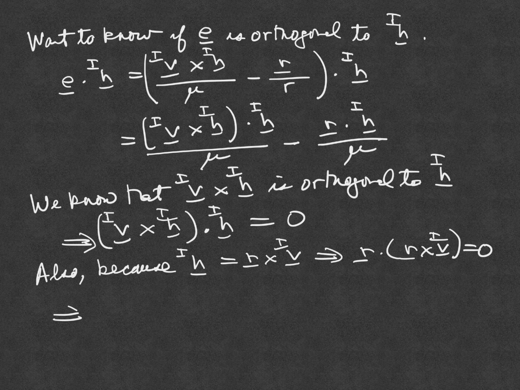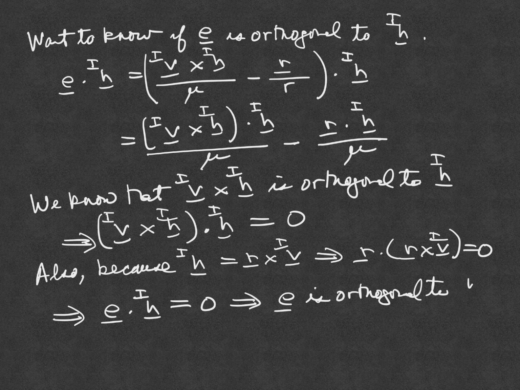So that means that E dotted with HI is equal to 0, which implies E is orthogonal to HI. So now we found a second vector.